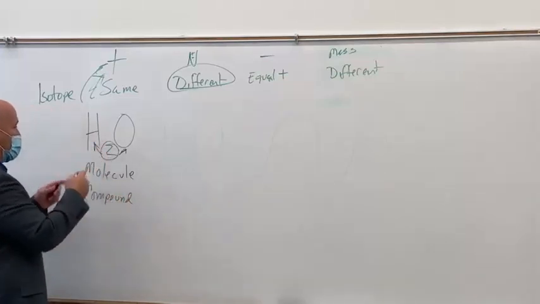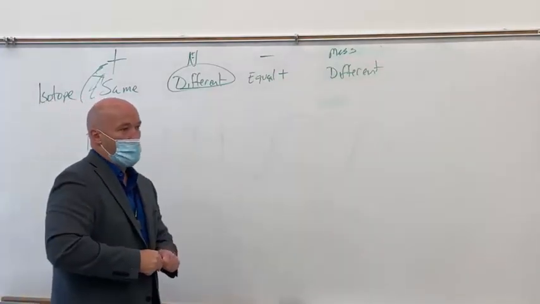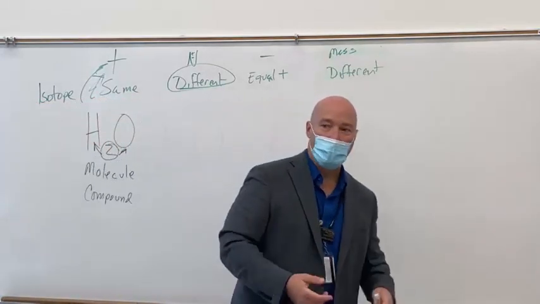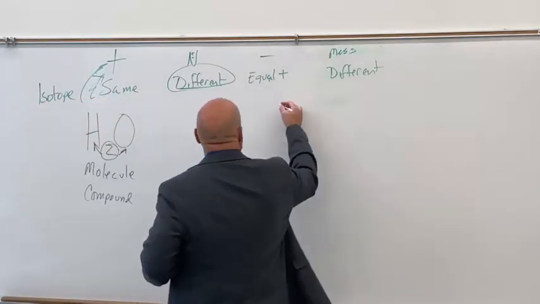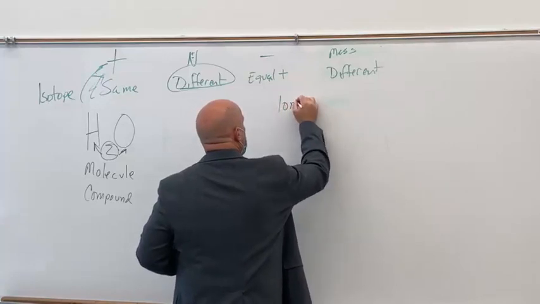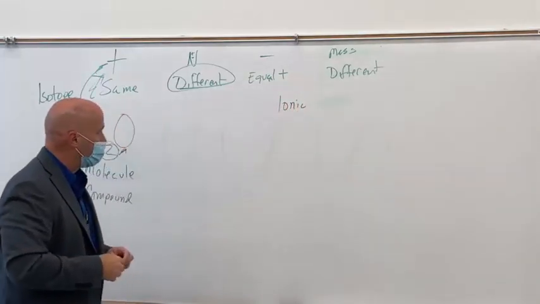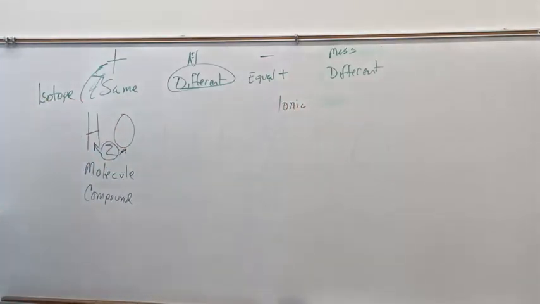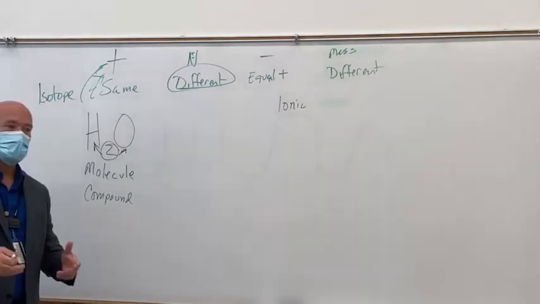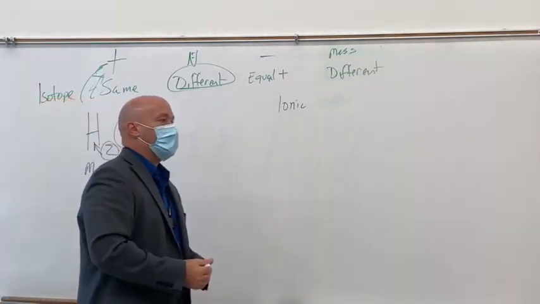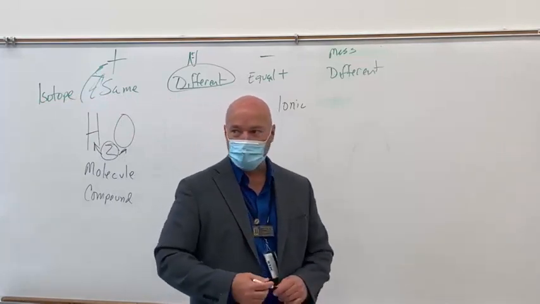But how do we make those join together? Well, there's two different ways. One is ionic, and I'm going to take these out of order from what you see in the textbook, because ionic bonding is the easiest to explain, because you know what an ion is, right?